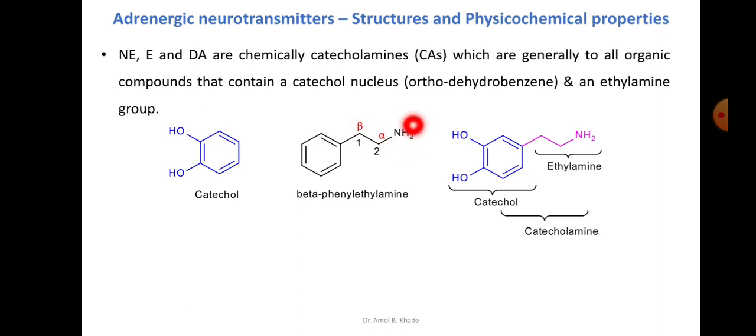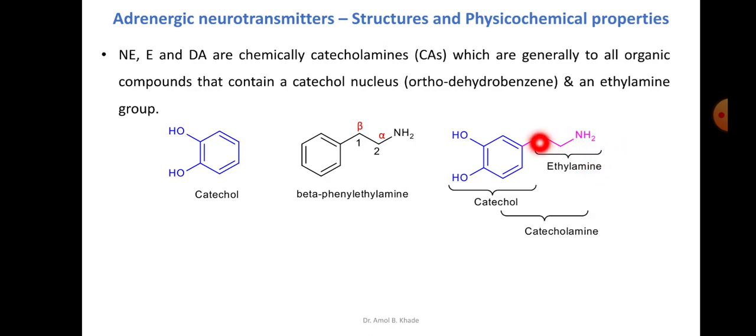There is an alpha carbon which is alpha to the amino, and then there is a beta carbon which is beta to the amino, which we can also refer to as carbon 1 and carbon 2 to the phenyl ring, or alpha and beta carbon to the amino group. So this beta phenylamine and the catechol nucleus, if the two hydroxy groups are present, then it constitutes the catecholamines. So this is the structure of the catecholamine.